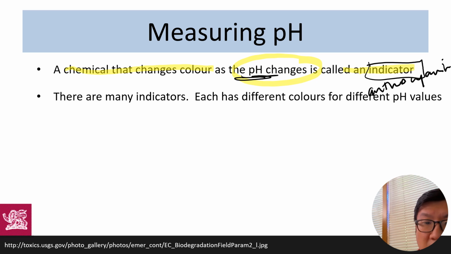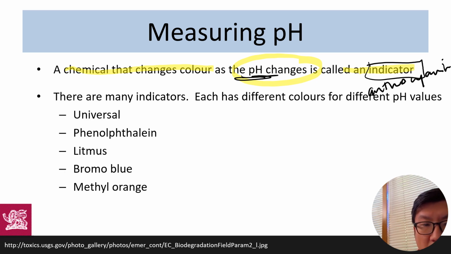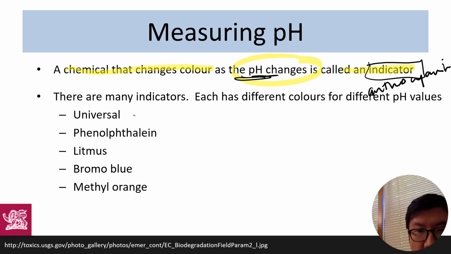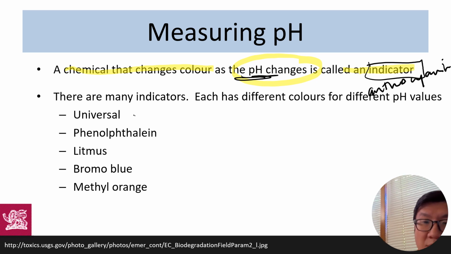There are many indicators, and you can see here we've got universal indicator, which has a different color for each whole number across the pH scale from 0 to 14.